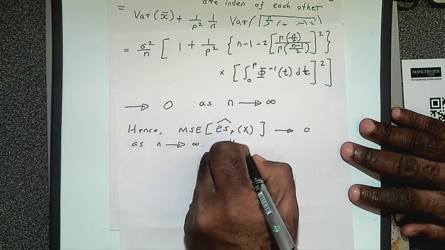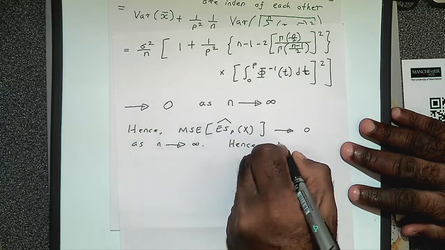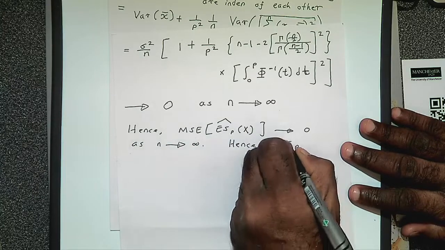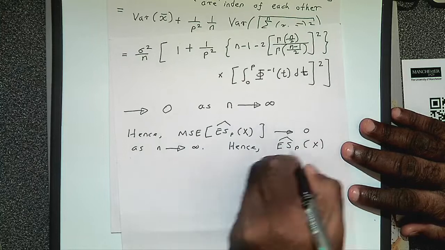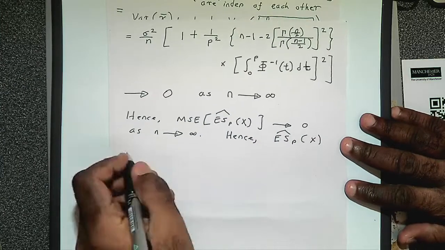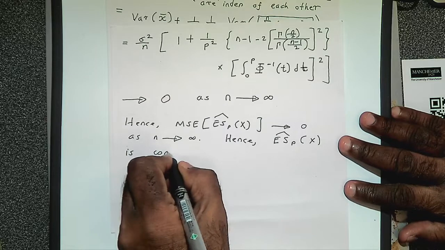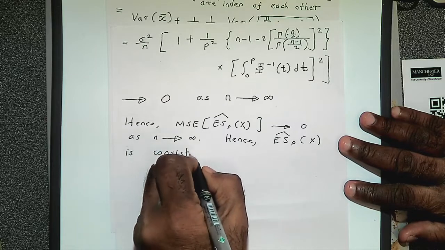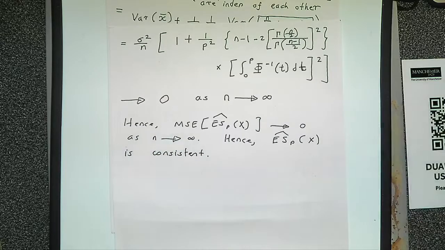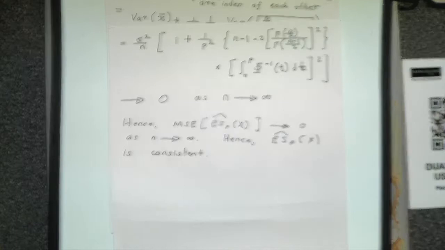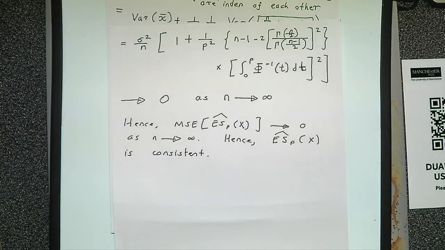Hence the expected shortfall estimator is consistent. Remember, the definition of consistency is that an estimator is said to be consistent if the mean squared error approaches 0 as n goes to infinity.